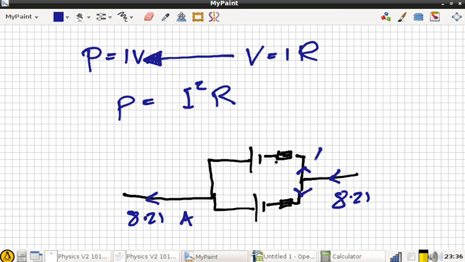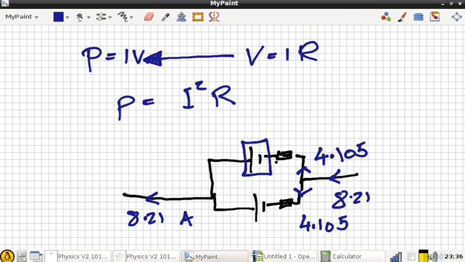So that is 4.105 approximately, and then here is 4.105. So we know the current in each battery. So we want the power of this battery here. We know the current going into it, 4.105.